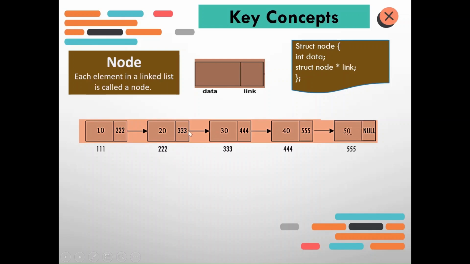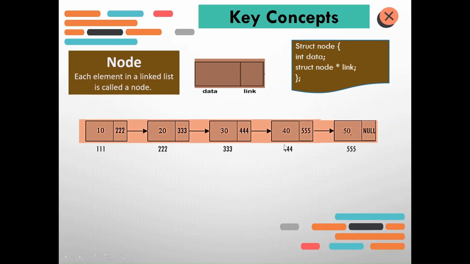This arrow is basically an indication that this node is connected, or associated, with this address. How? Because it has stored the address of that node. Similarly, this node and this node are connected because this node has stored the address of the other node, and same way here this 444 is being stored, and this 555 is being stored here.